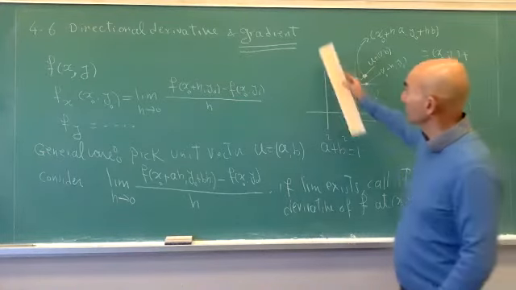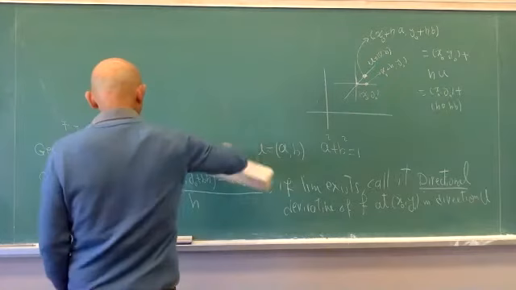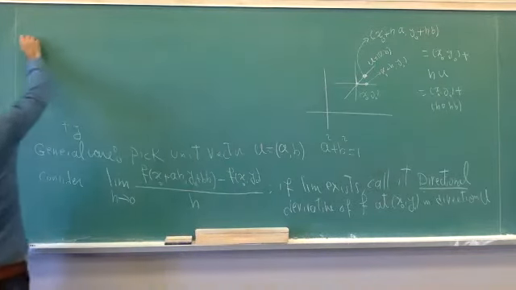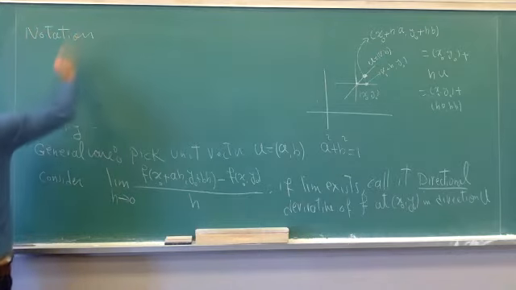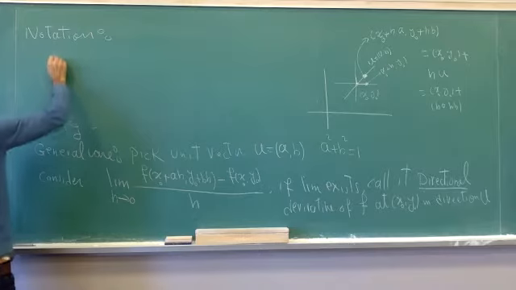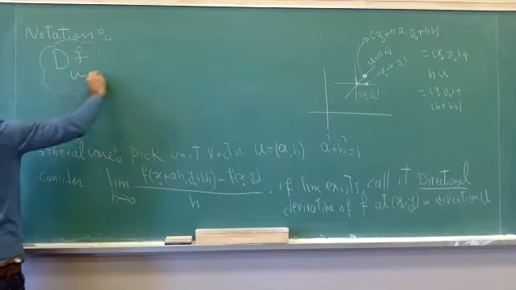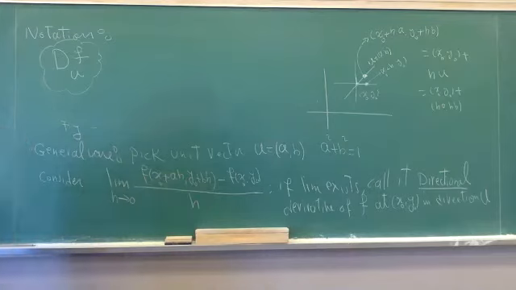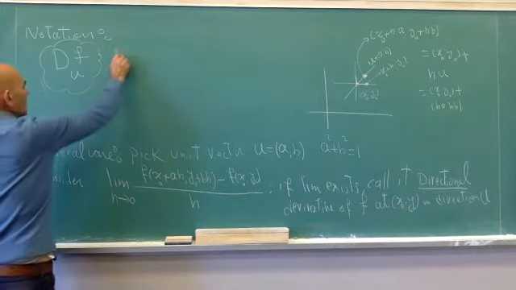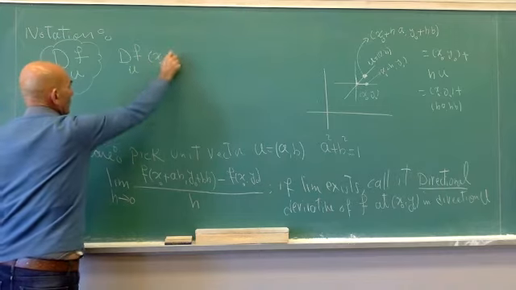So the notation in this case is D_u f. Of course, if you want to specify the point x0, y0 where the derivative is taken, we just say D_u f at x0, y0.